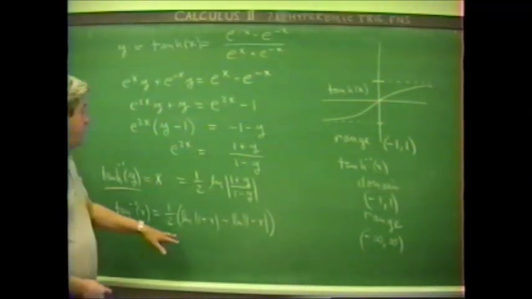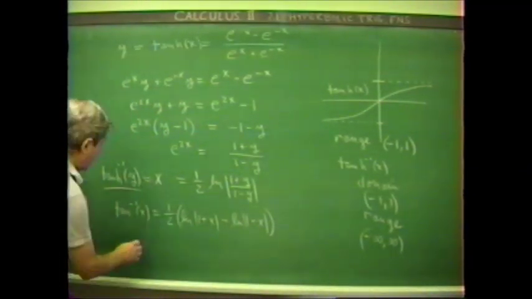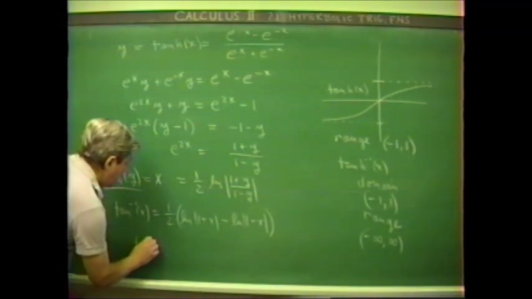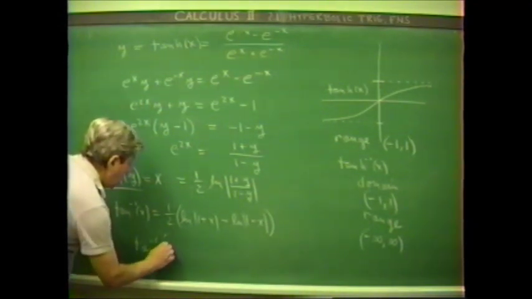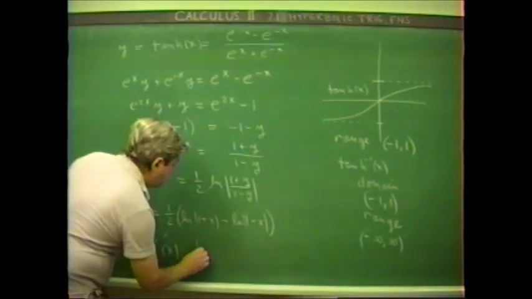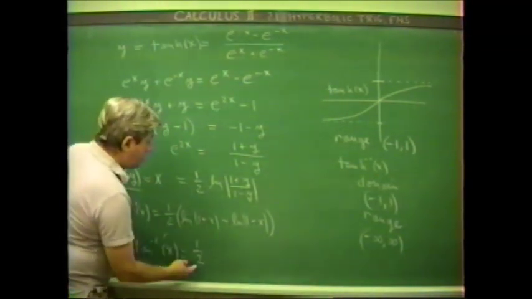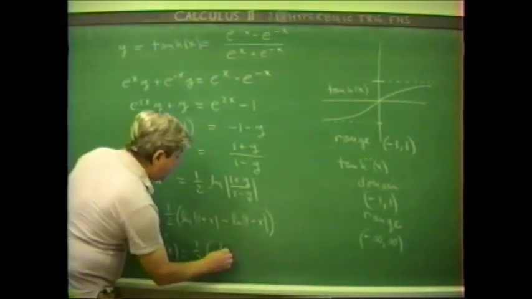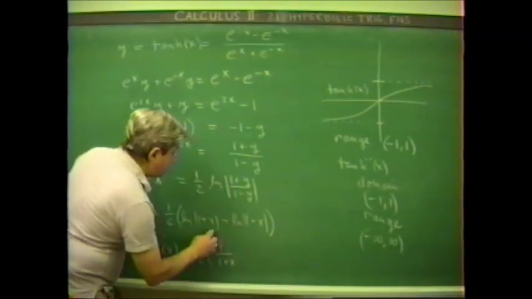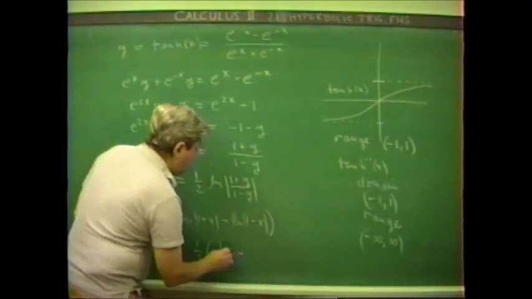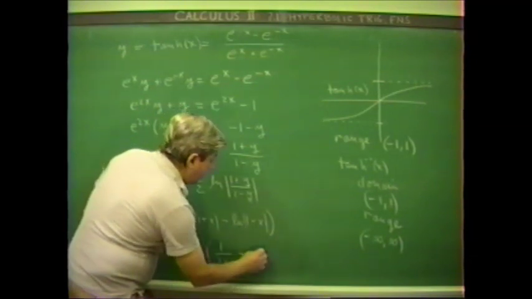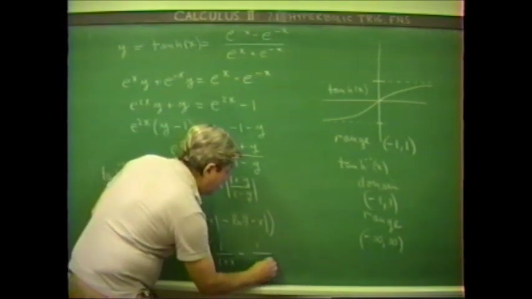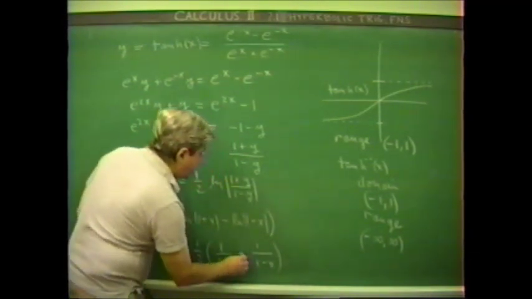And now the reason why this tends to have some uses is because the derivative of the hyperbolic tangent inverse is going to be 1/2 times: the derivative of log 1 plus x, which is 1 over 1 plus x times the derivative of 1 plus x, which is 1, minus the derivative of log of 1 minus x, which is 1 over 1 minus x times the derivative of 1 minus x, which is minus 1. So we get this.